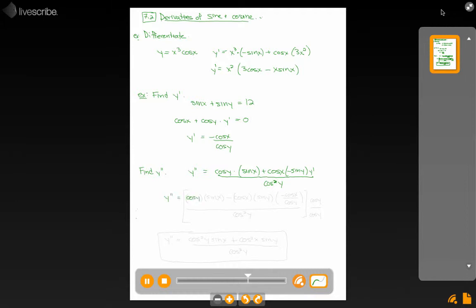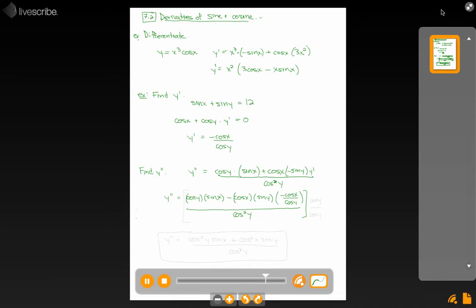So I'd have cos y times sine x, and now this becomes minus cos x times sine y times, now the derivative that we just found was negative cos x over cos y, and all of that over top of cos squared y. Now that would at least get you an expression or equation that will allow you to find values for the second derivative. If somebody gave you x and y, you could figure it out.